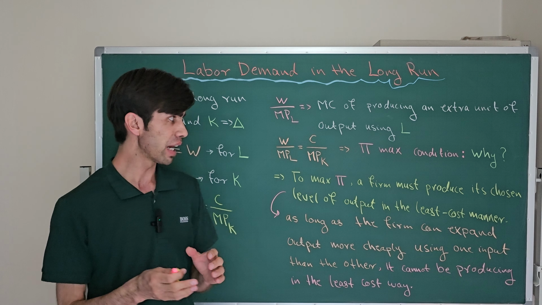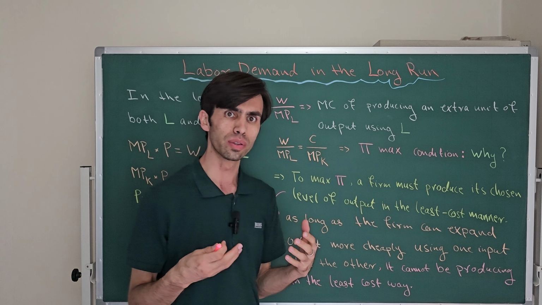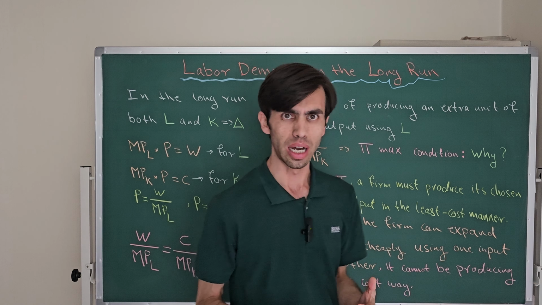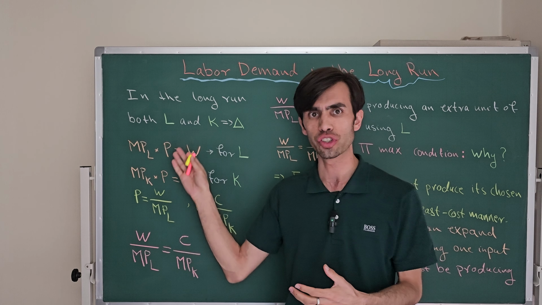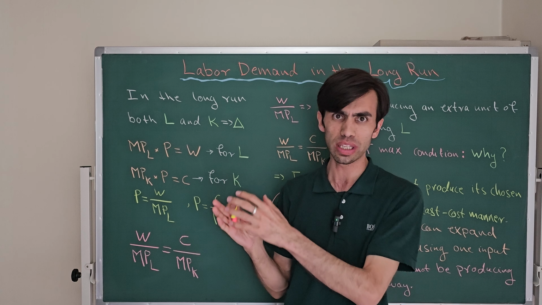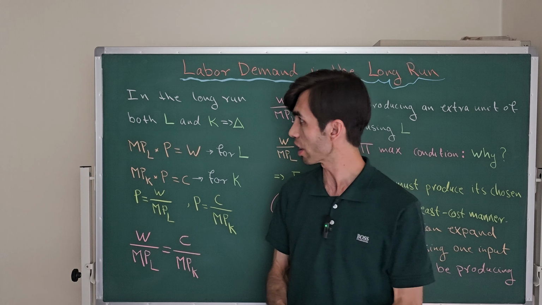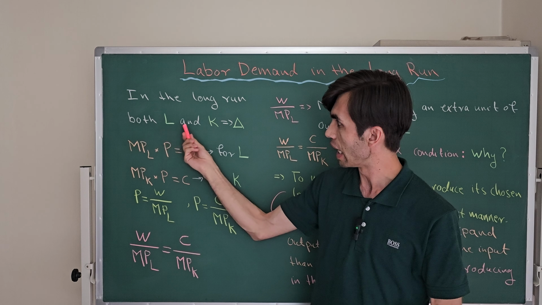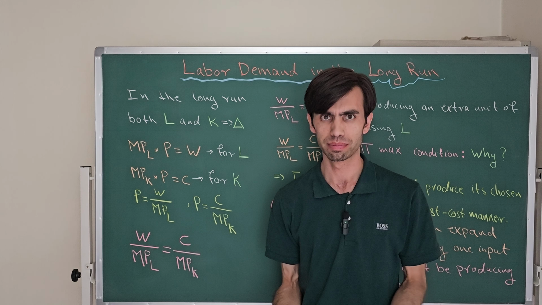And in the short run, we assume that capital is fixed. In order to promote our profit level, we only had one option to change our labor as an input because we couldn't change the capital. But the case in the long run is different because in the long run, both labor and capital can be varied. We can change both of them.